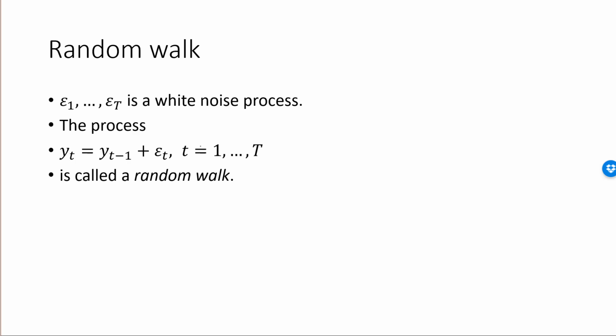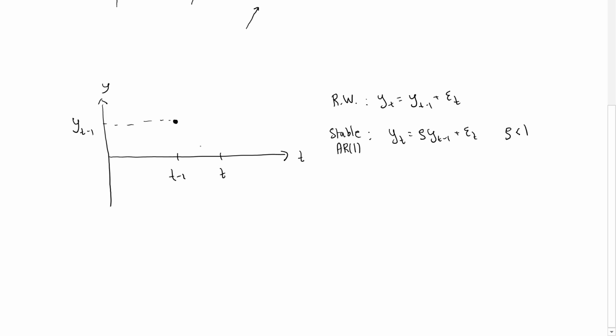So let's have a comparison between two AR1 processes. In one case, rho will be 1 and it's a random walk, and in one case, rho will be slightly less than 1.